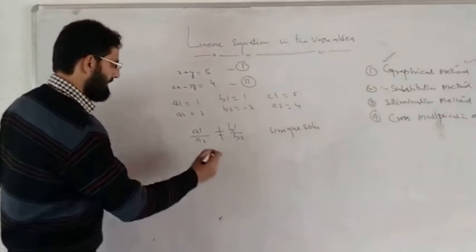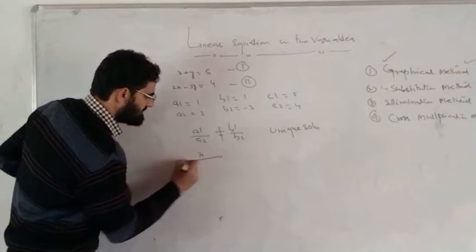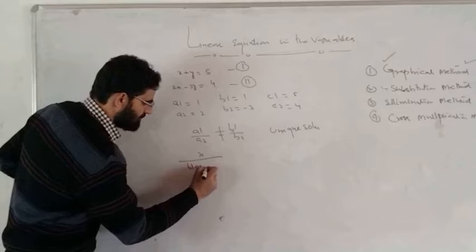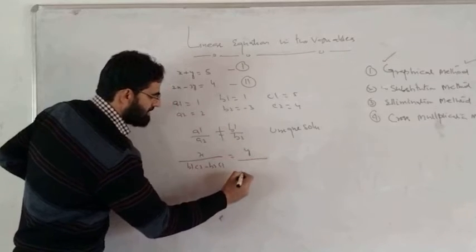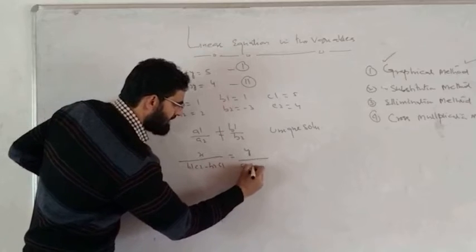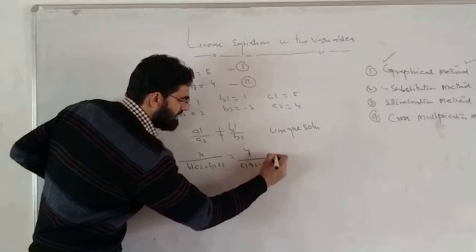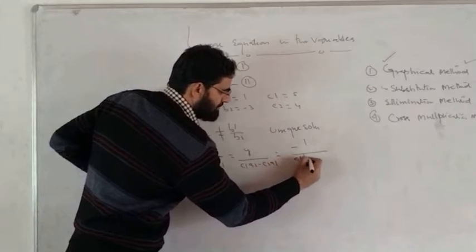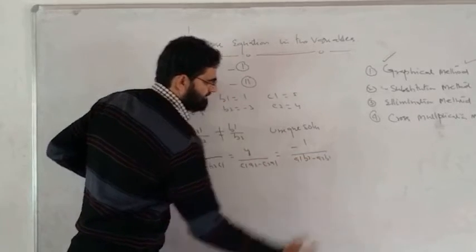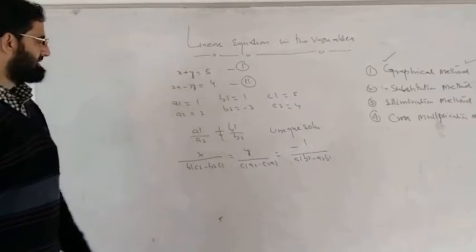You know the formula: x divided by (b1 c2 minus b2 c1) is equal to y divided by (c1 a2 minus c2 a1) is equal to minus 1 divided by (a1 b2 minus a2 b1). This is how it goes, very simple.